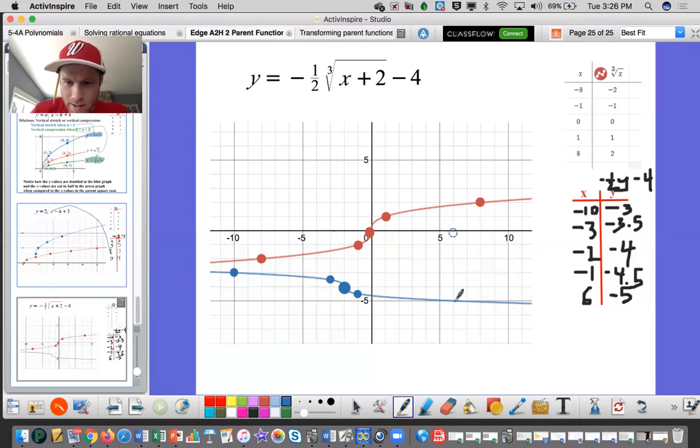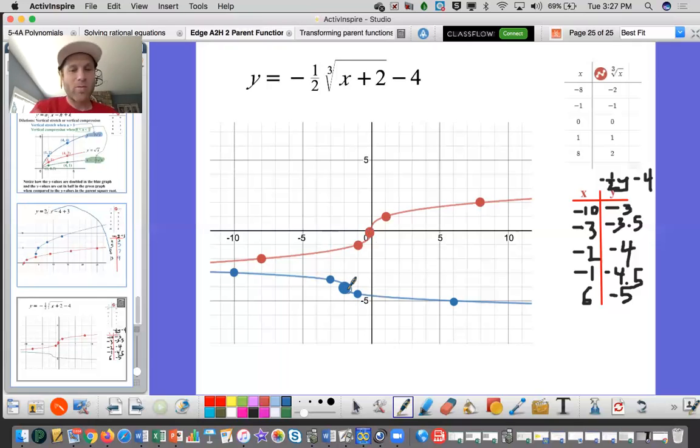Now, again, you see the space between these points in our original parent graph is a full block. Down here, the space is 1/2 of a block because of that. Not only is it 1/2 of a block, but it's also rotated across the x. So instead of this one being up here, it's now over here.